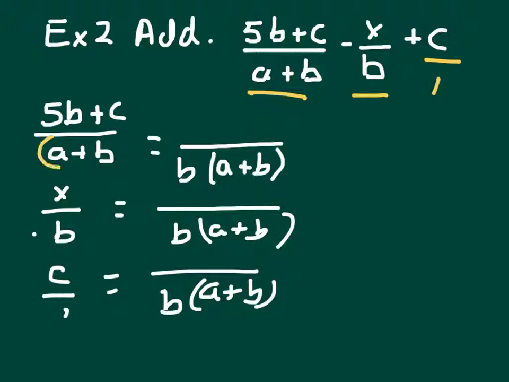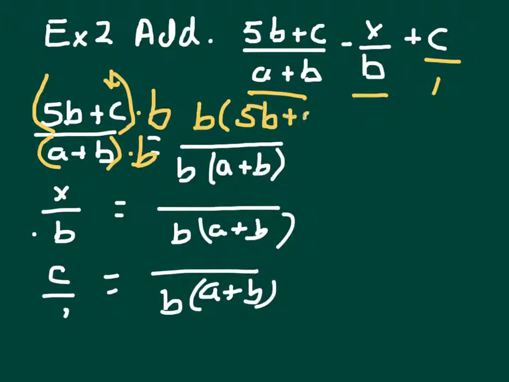So I have a plus b, right, times what gives me what I have on the right? Well, I need a b. Now this is something else that's new. Am I just simply going to do this? If I just take the top times the b, what am I multiplying by b? Well, I'd only be multiplying c by b. That's not what we need to do, because I need to take b times this whole value. So I have b times that value of 5b plus c.